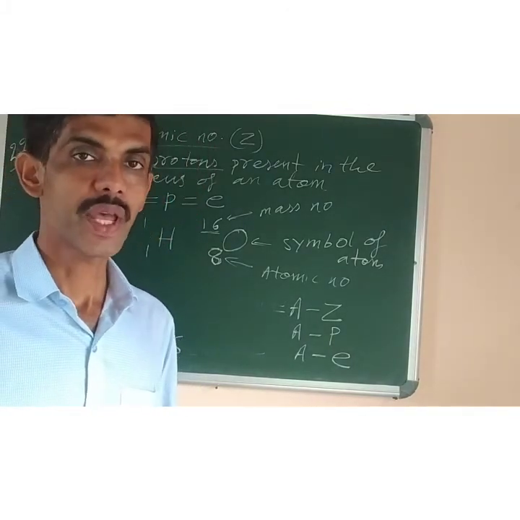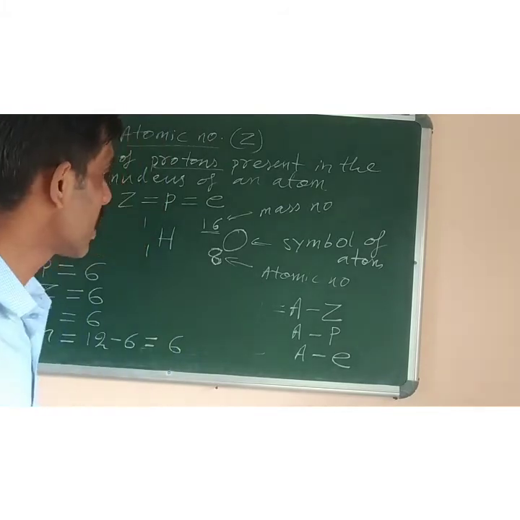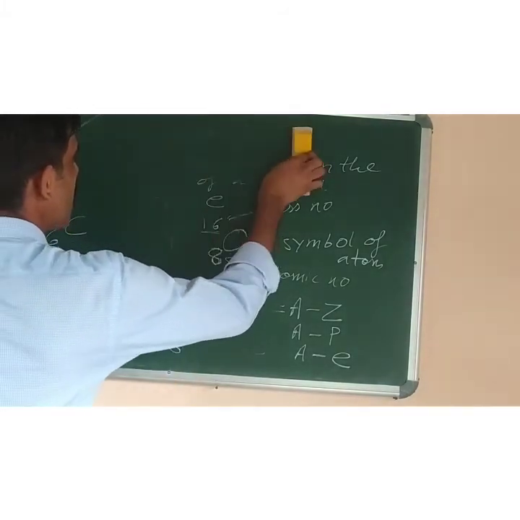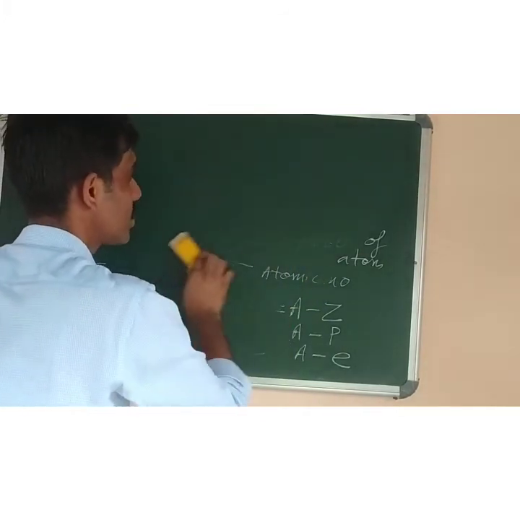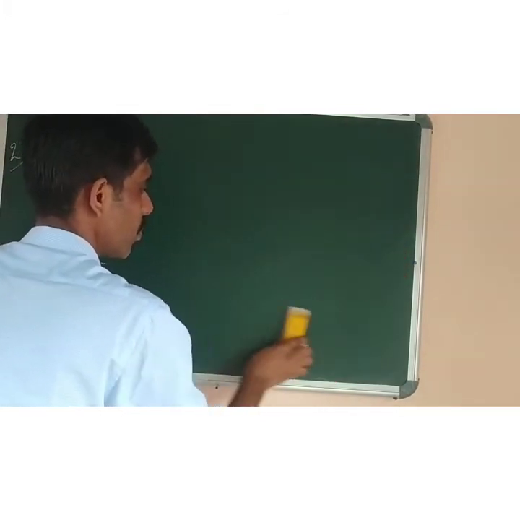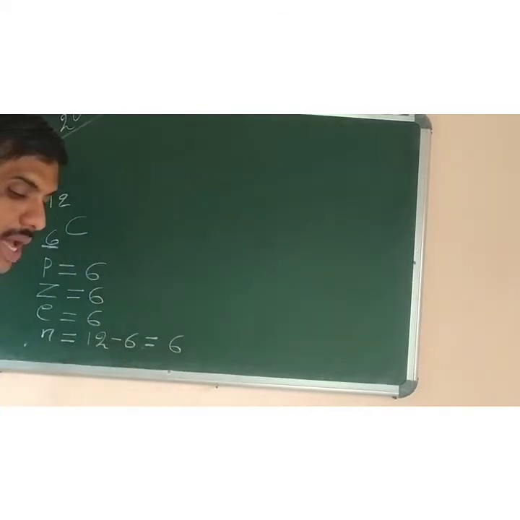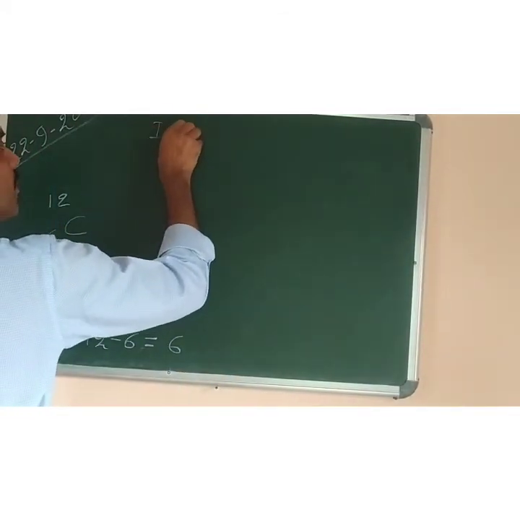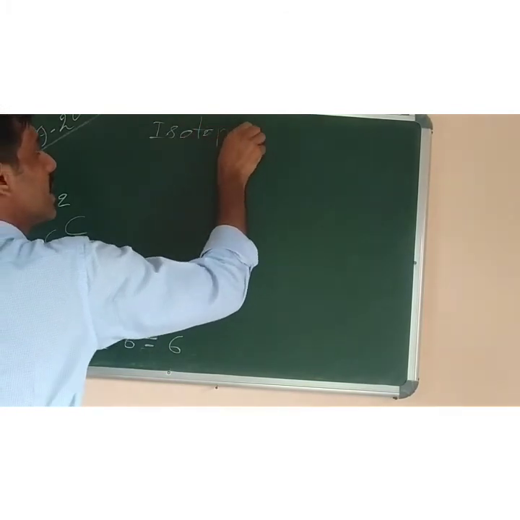What are isotopes? Atoms of the same element that have the same atomic number but different mass numbers are called isotopes. Only 2-3 elements show isotopes, but hydrogen is the one which shows them clearly. So what is the meaning of isotopes? Definition already I said.